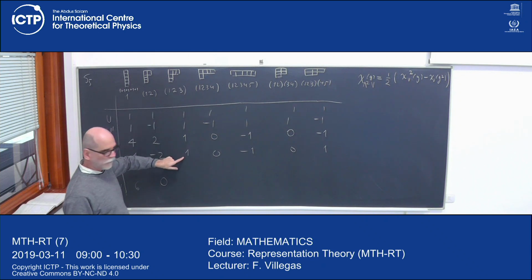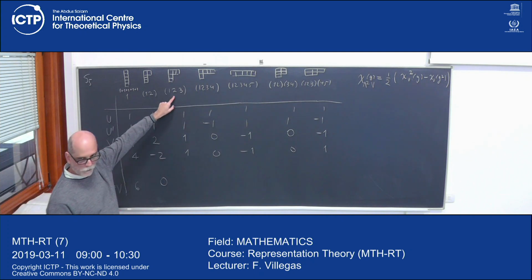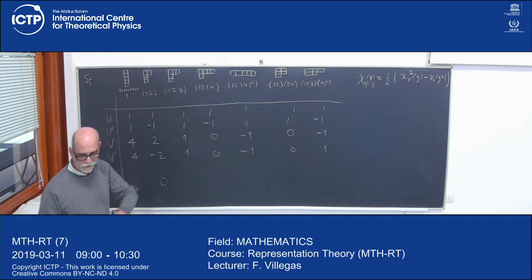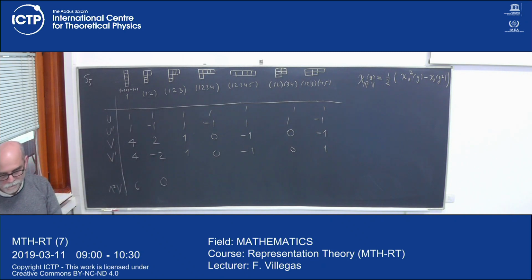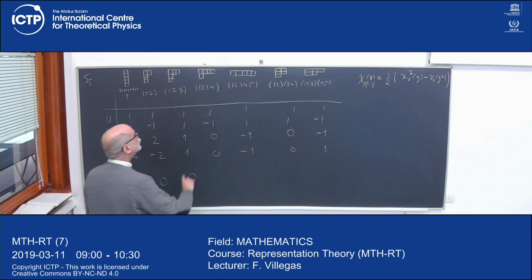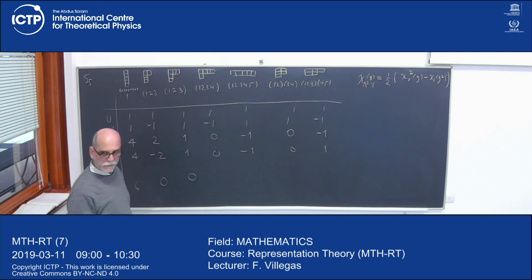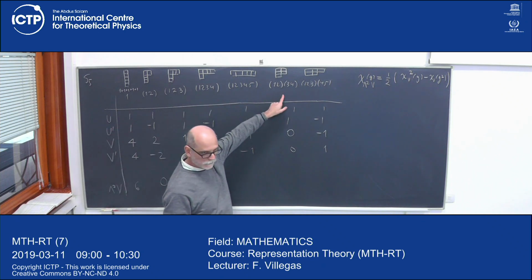Well, the value of this is 1, and its square is 1. It's to subtract the value of the character at the square of this class, but this is a 3 cycle, so the square is also a 3 cycle. So it's again 0. This has value 0, and the square of this is what? Here.